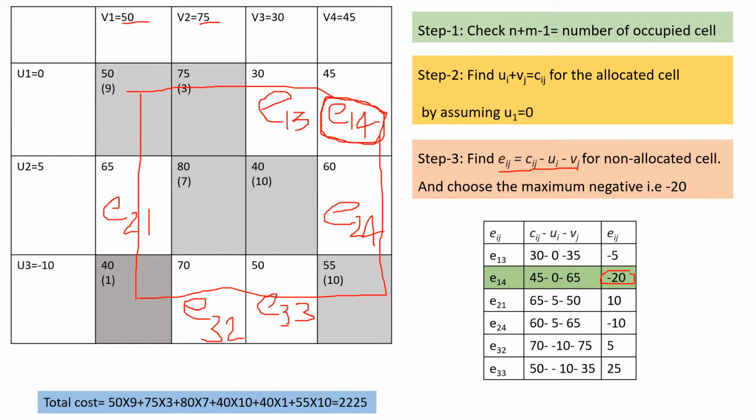So this is the closed loop, and we have used the allocated cells as a stepping stone at the turning points.